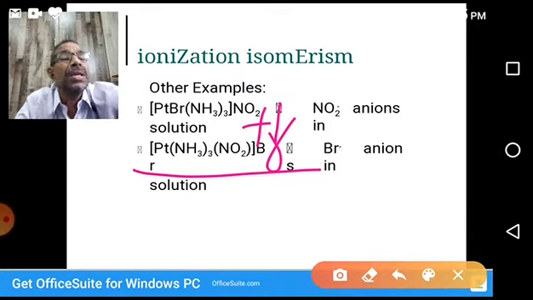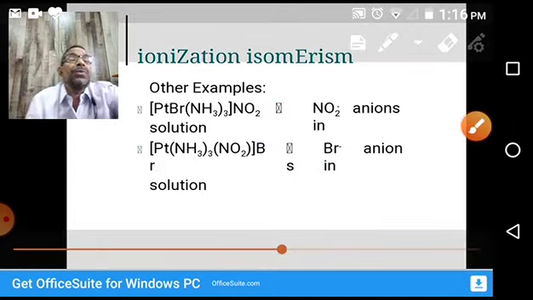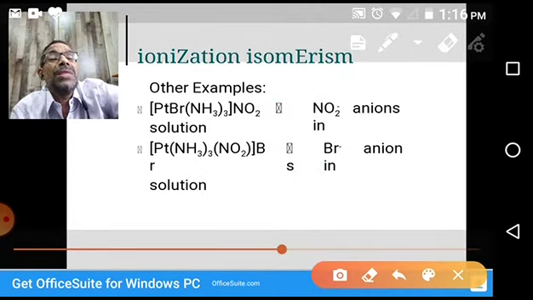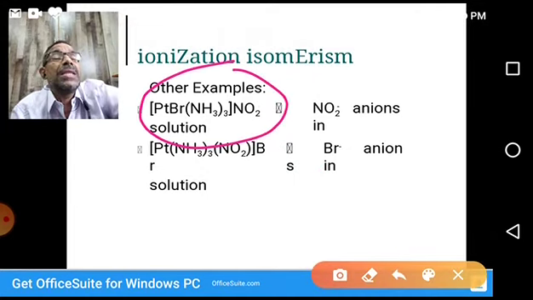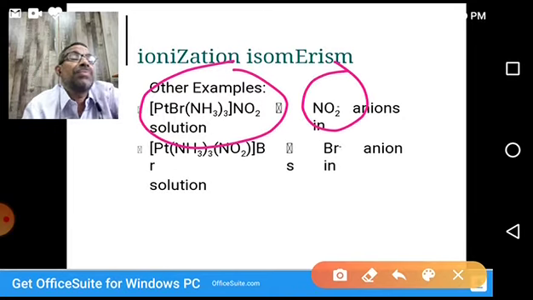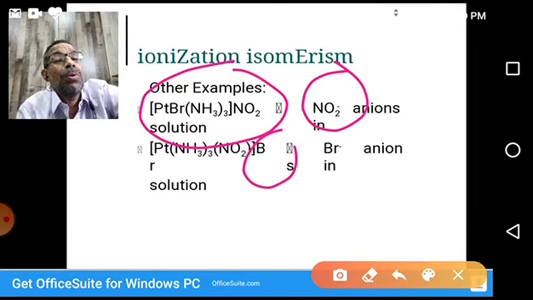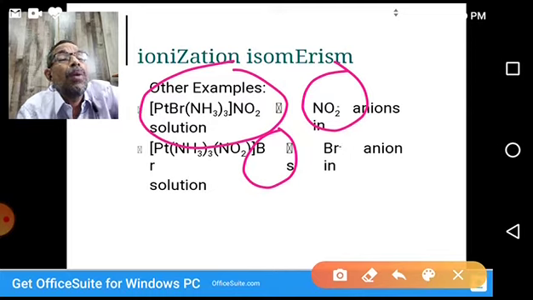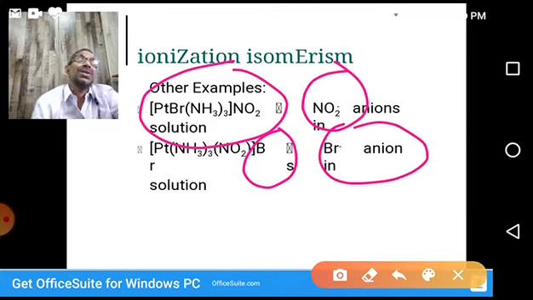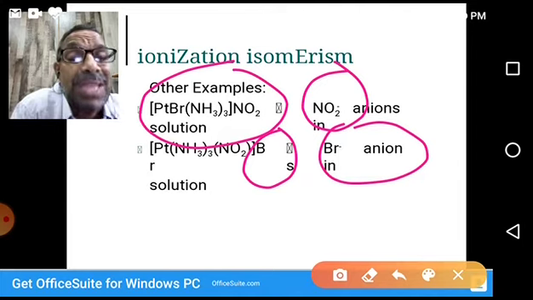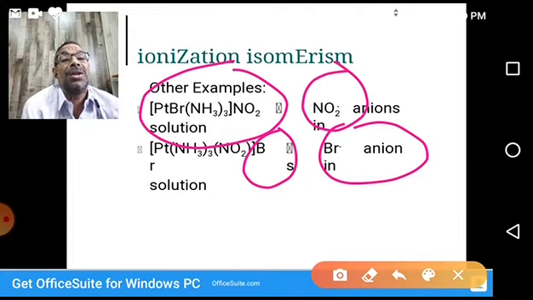Observe carefully what is happening. When we dissolve in water, the first gives NO2 minus ions. The second compound gives bromide ions in the aqueous solution. That's why we classify this set of compounds as ionization isomers.